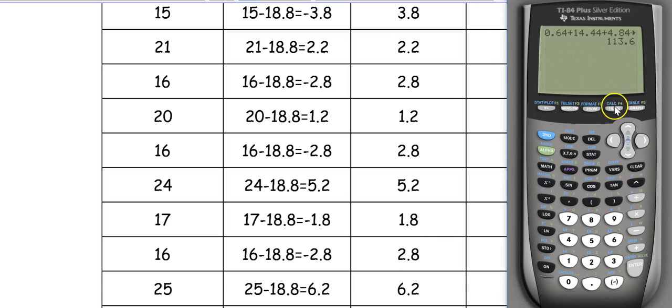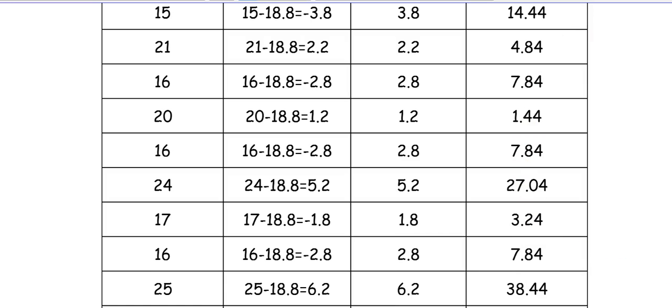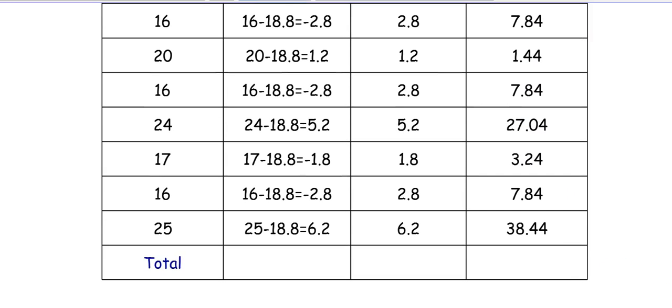I already entered them in this calculator. The total is 113.6. So let me enter it in my last column here. 113.6. That is the sum of the squares of those numbers.